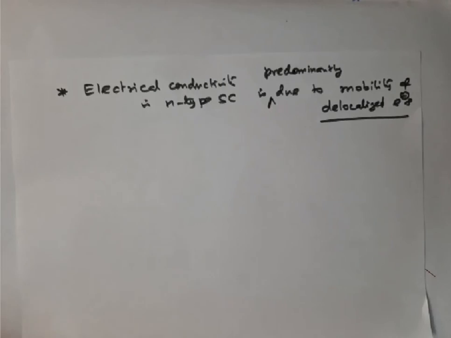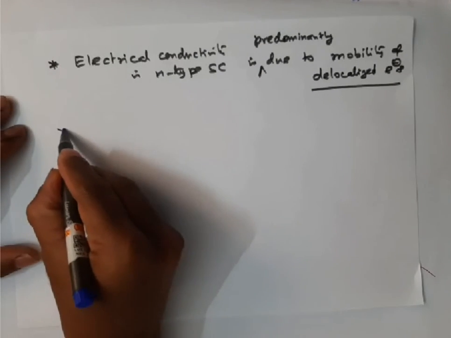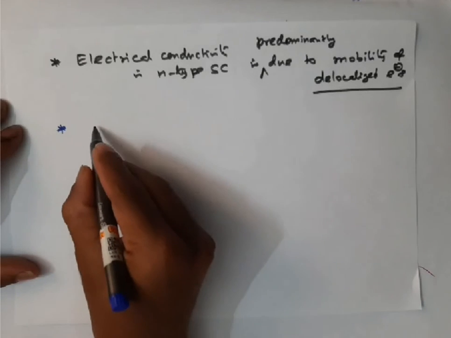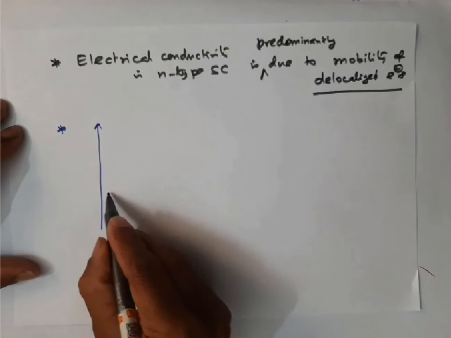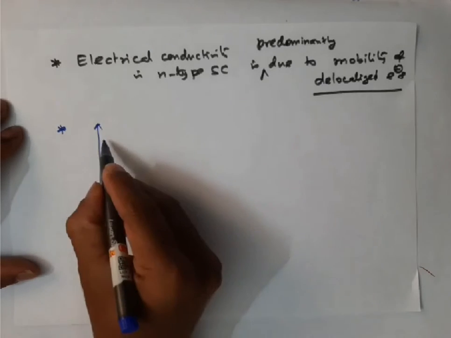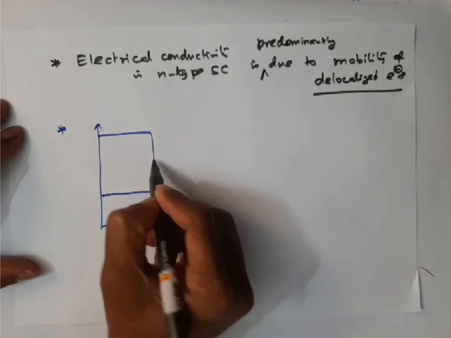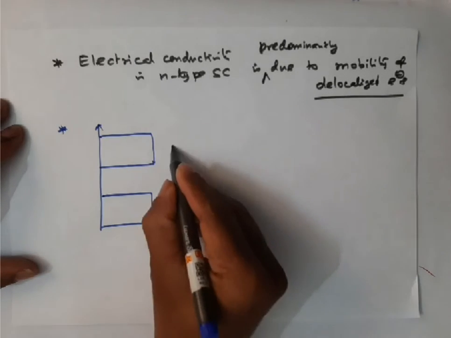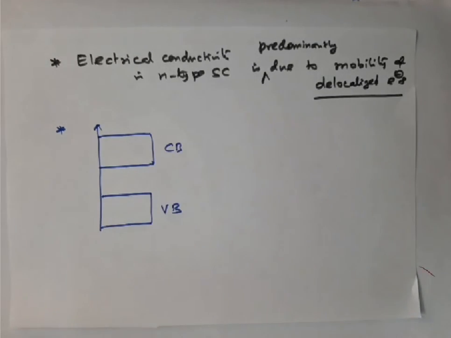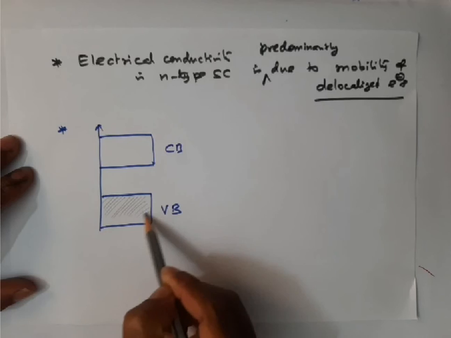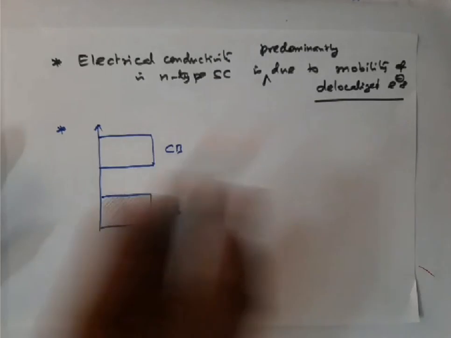The reason is, listen, students, in an N-type semiconductor, say for example I take silicon, where you have the valence band and the conduction band. Observe this carefully. This is the valence band, this is the conduction band, and you all know that the valence band is fully filled and the conduction band is empty.